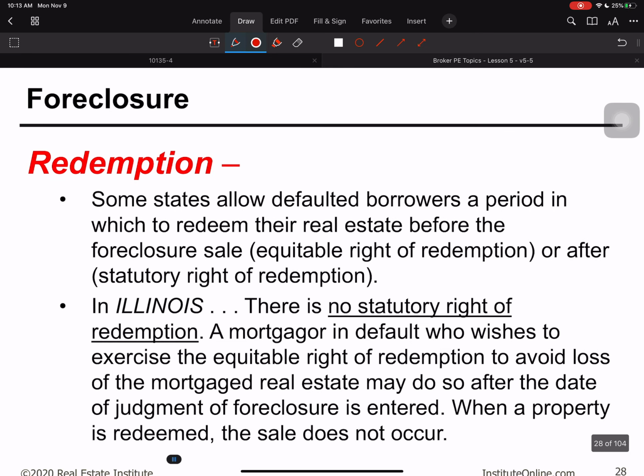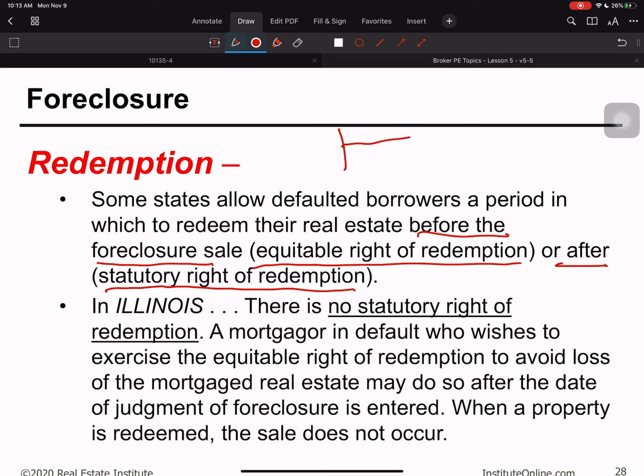Okay, redemption. This might be a little bit of a tricky one. You have the equitable right of redemption, which is before the foreclosure, and if it's after a foreclosure, you have something called a statutory right of redemption. So just think of it this way: this is before, this is after, and this is the foreclosure right here.